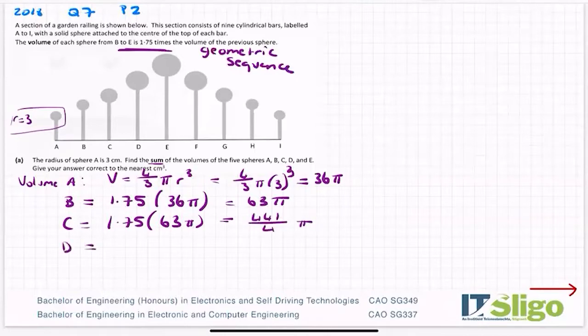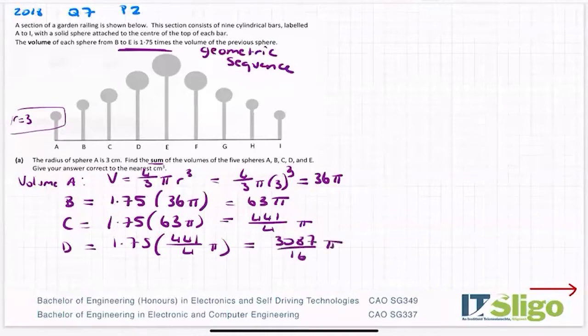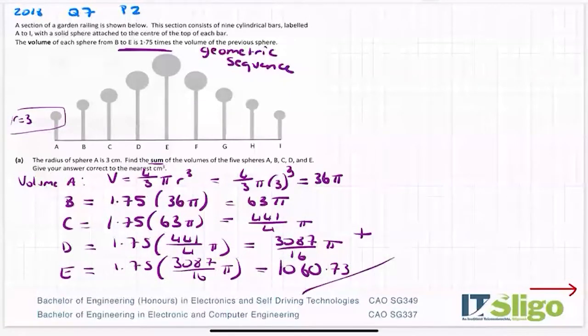And D is equal to that multiplied by 1.75, and I'm getting 3087 over 16 pi, and E is that multiplied by 1.75. 1.75 times 3087 over 16 pi, and it's given to me as a decimal this time, 1060.73.